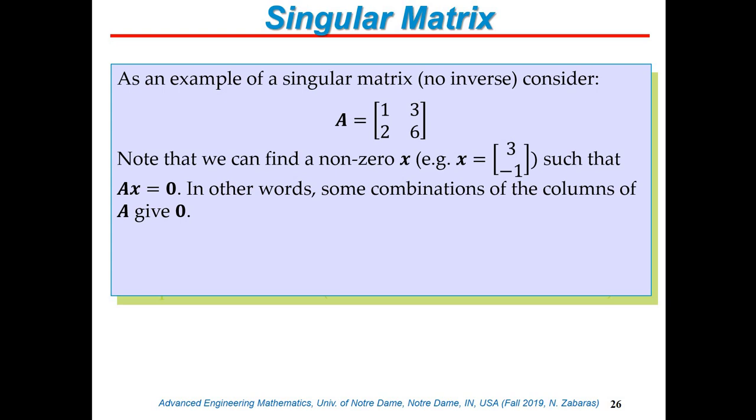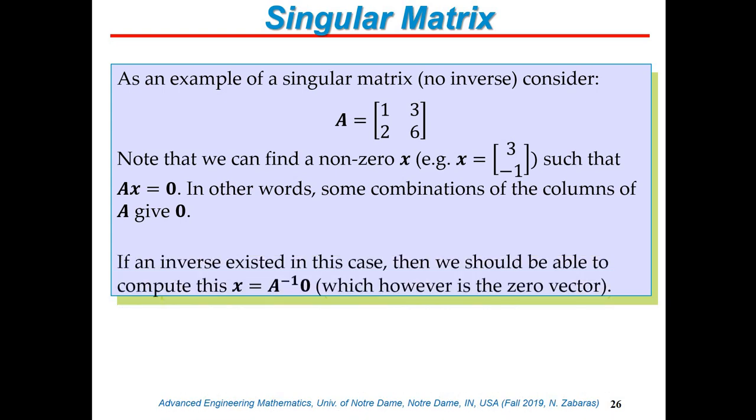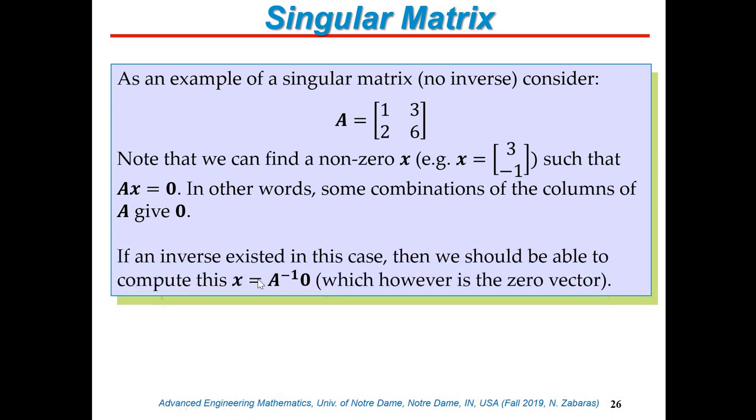When you have a non-zero solution to Ax equals 0, you can say with confidence that the matrix A is singular. Why is that? Imagine if it was not singular, if A inverse existed, then by definition x would be A inverse times 0, and any matrix times 0 should give you 0.